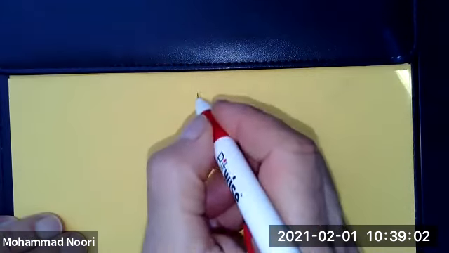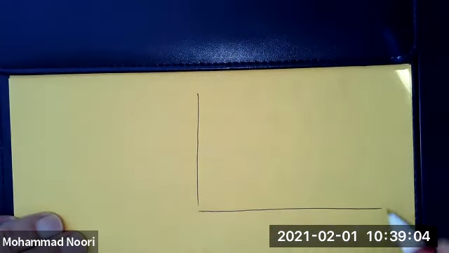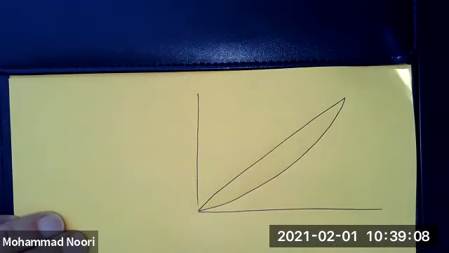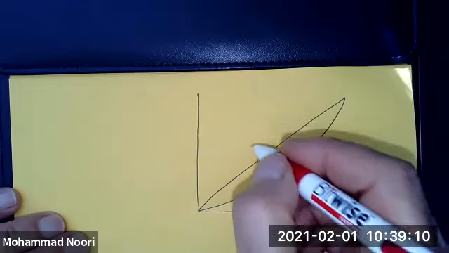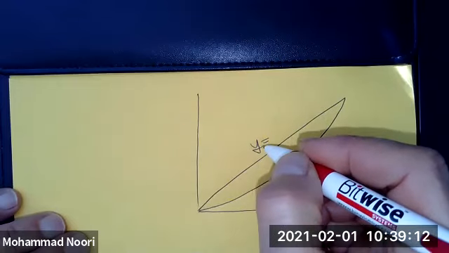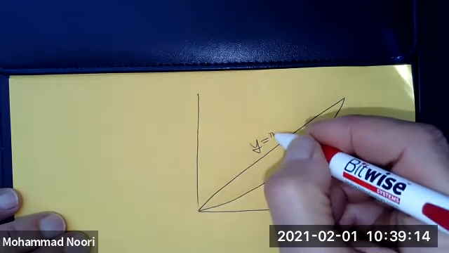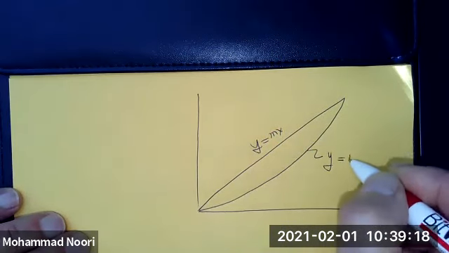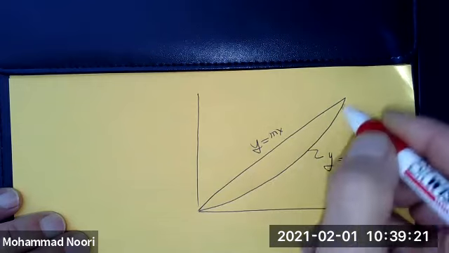I said the first type of problem that we look at are these types of problems. You have an area described by some functions. For instance, in this case, you have this function, y equal to m x, and this function, y is equal to k x squared.